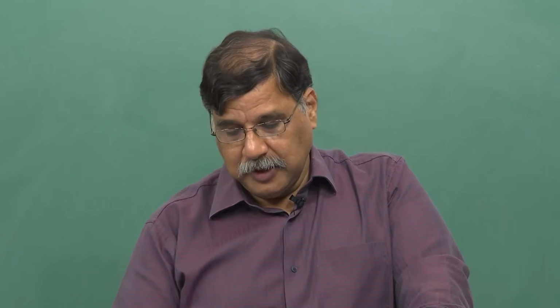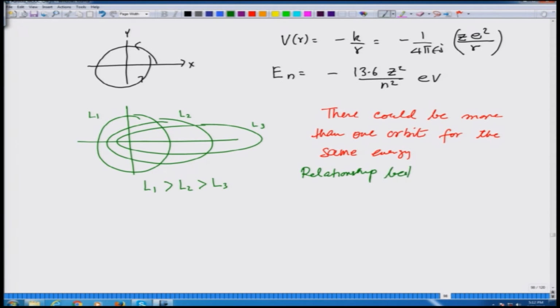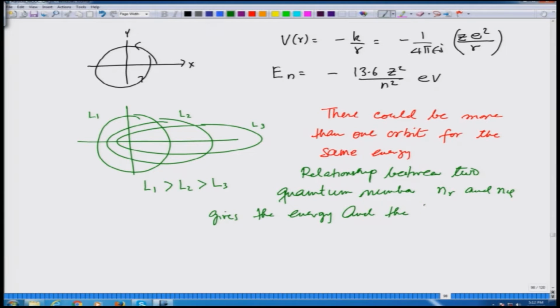So, what we saw was there could be more than one orbit for the same energy, and the relationship between two quantum numbers, namely n_r and n_phi, gives the energy and the type of orbit.